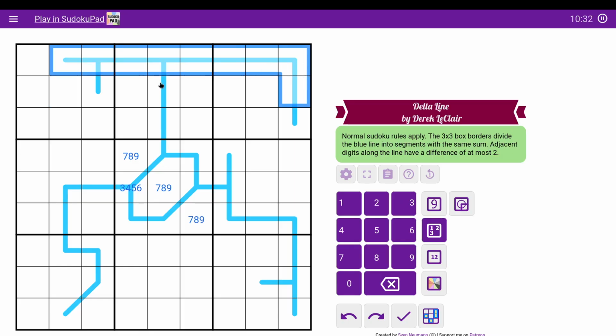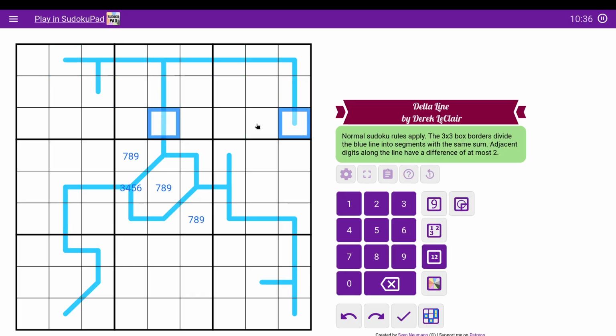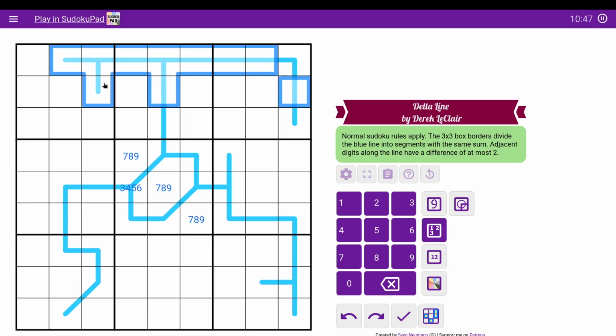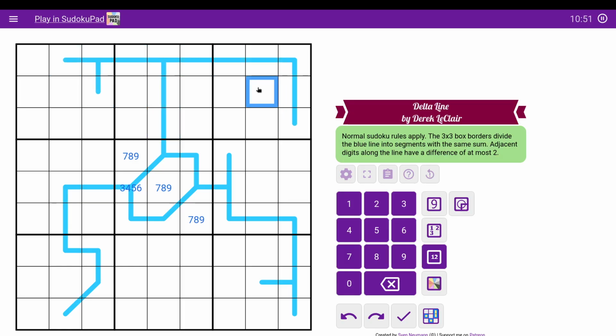Wait, no, if these already exceed 21, then these could be 1, 2. I think we're fine. If we take the minimums, we will be well below 63. So again, there's no constraint. There's no simple constraint by looking at them row-wise up there.